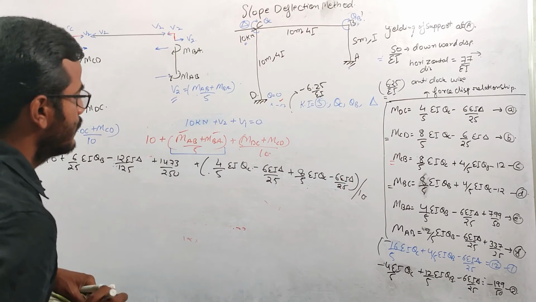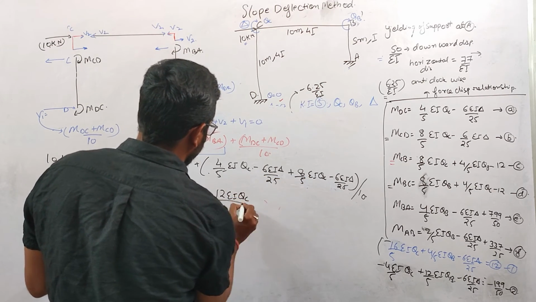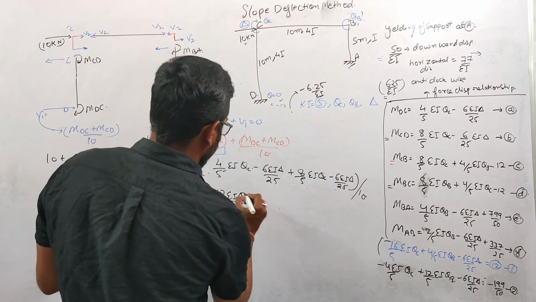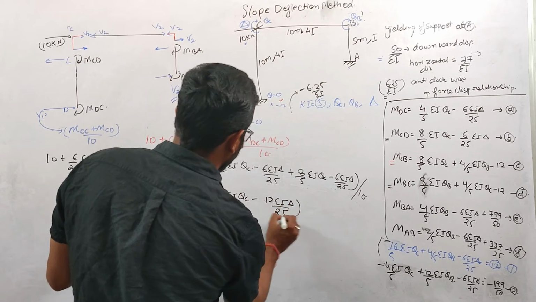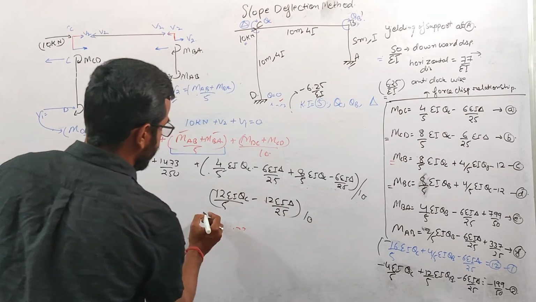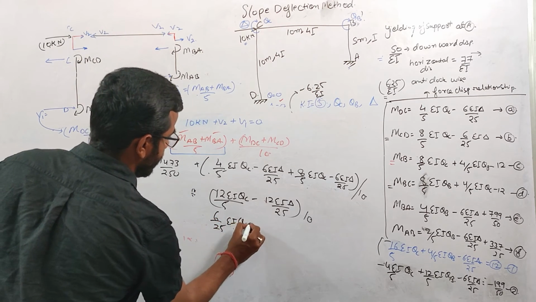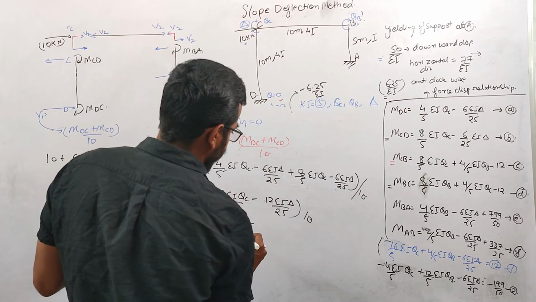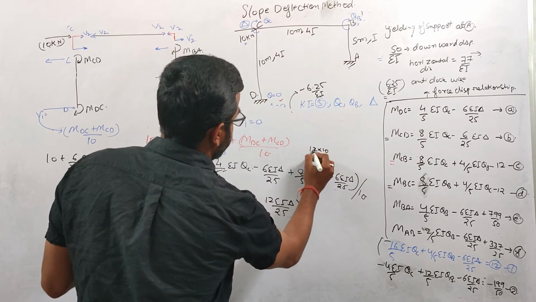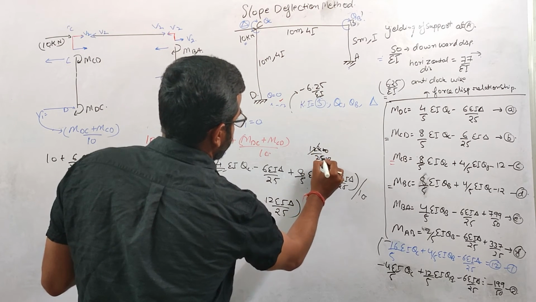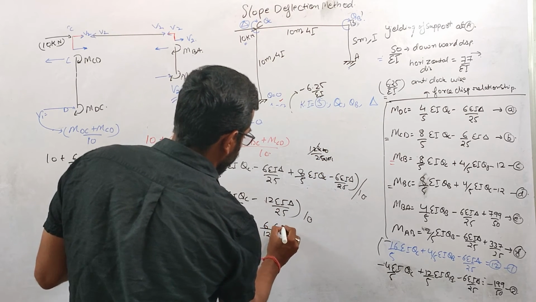So if we solve this equation, this will be again 12 EI theta C over 5 minus 12 EI delta over 25, again divided by 10. So this equation will be 12 divided by 50 is 6 by 25 EI theta C minus 12 into 10 divided by 25, so it will be 6 over 125 EI delta.